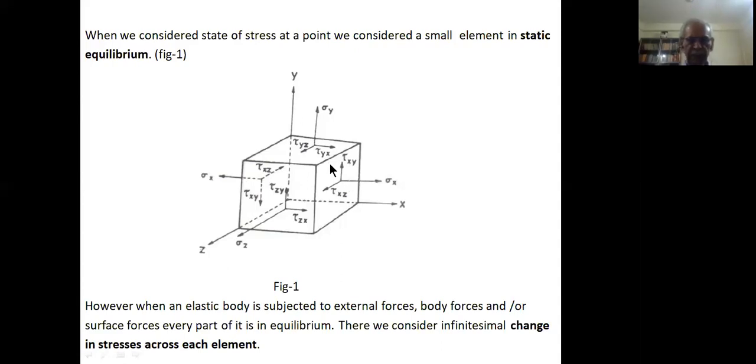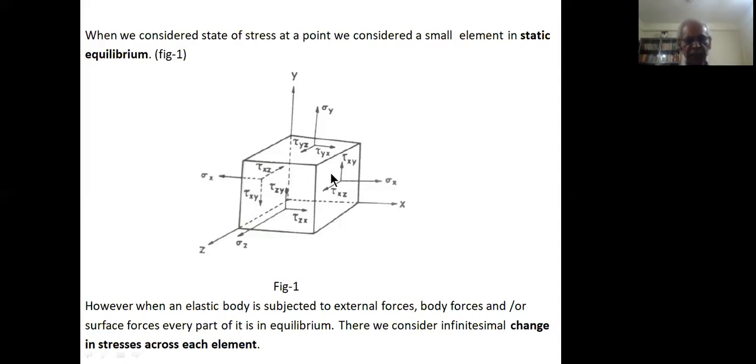Similarly, if you look at the stresses acting in the y direction, sigma y and the two shear stresses, you will see that they are balancing each other. Sigma z is also shown here, and sigma z on the other side is not shown here to make it look a little simpler.